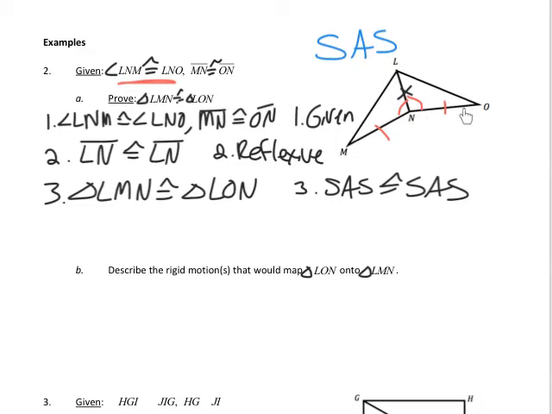And because these sides are congruent and these angles are congruent, that means O is going to map to M. So it's just a reflection. So a reflection is little r over LN of triangle LON, and that's going to map it to triangle LMN.